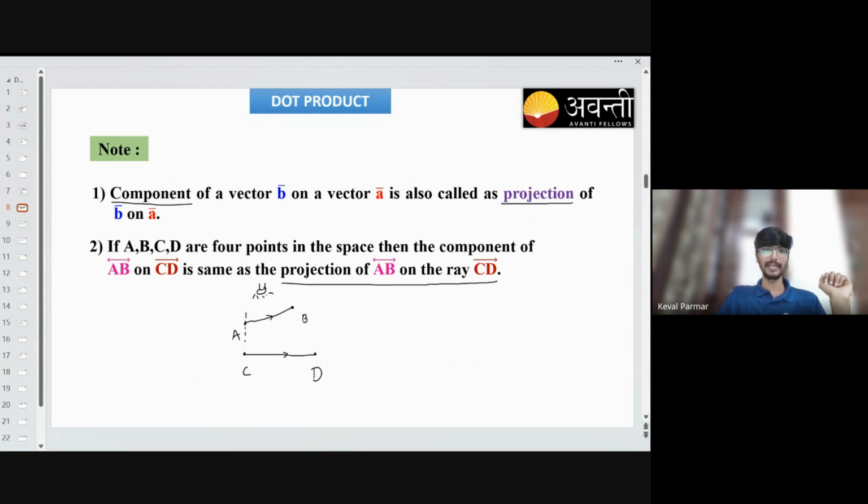What will be the shadow? This will be the shadow, this length. So this length is the projection of AB bar on CD bar. We can write it like this because if we are given points, अगर वेक्टर फॉर्मेट में नहीं दिया है, पॉइंट्स दिए हैं, 4 points A, B, C, D, then also we can find the projection. Correct, guys? Let's see the next.